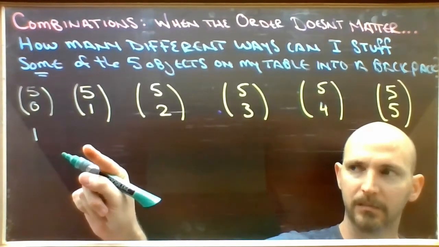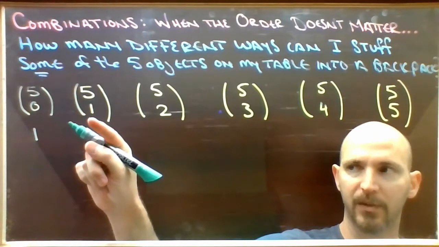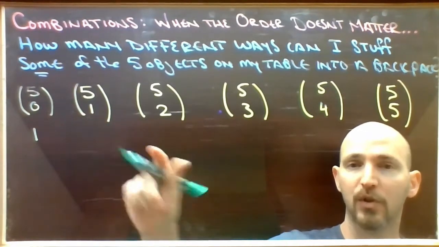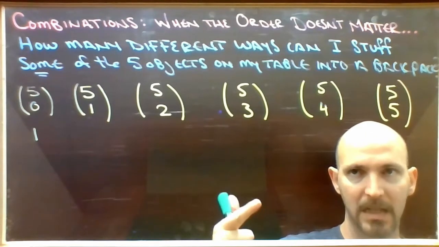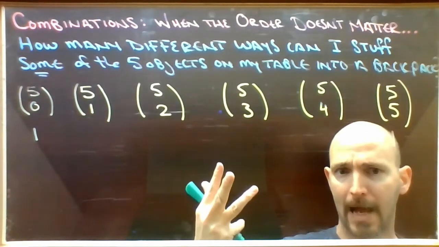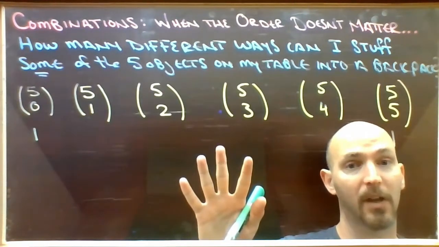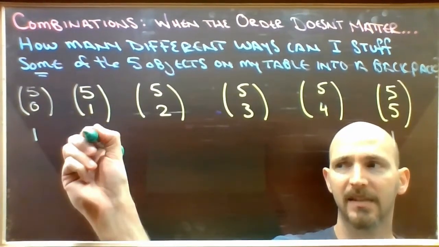Over here, if you have 5 objects in front of you and you're trying to choose just one of them, well, you could pick either the stapler, the teacup, the butter dish, the cat, or the laptop computer. Only one of those, and there are 5 different objects to choose from. So this is going to be 5.